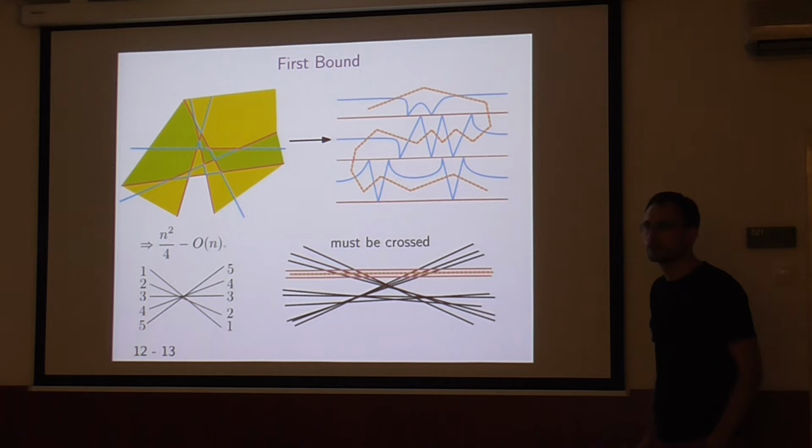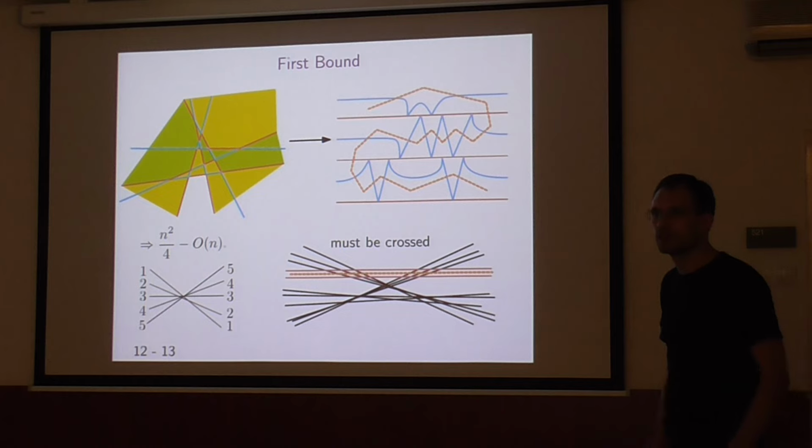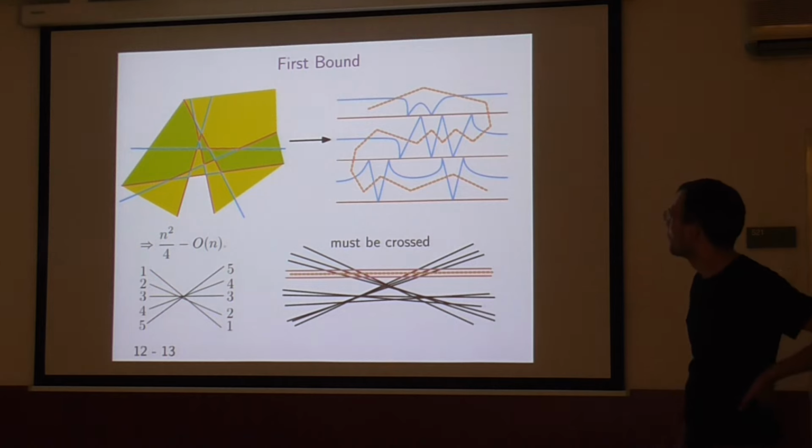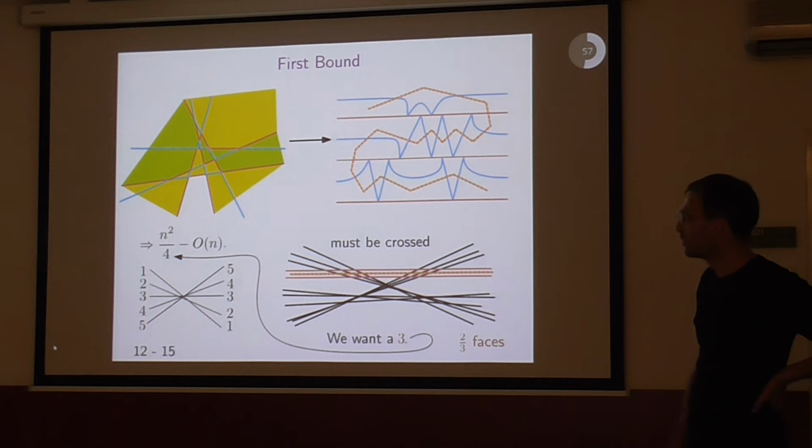So you assume some general position of those lines? Yes, I assume general position, otherwise the problem becomes trivial. It's not true that in each tunnel you hit at least half of the faces? It's probably true, but we want to hit 2/3 of the faces, right?